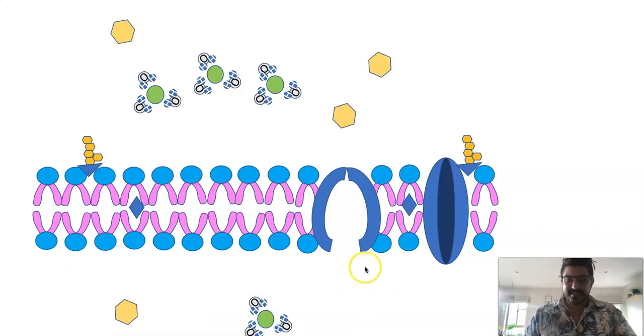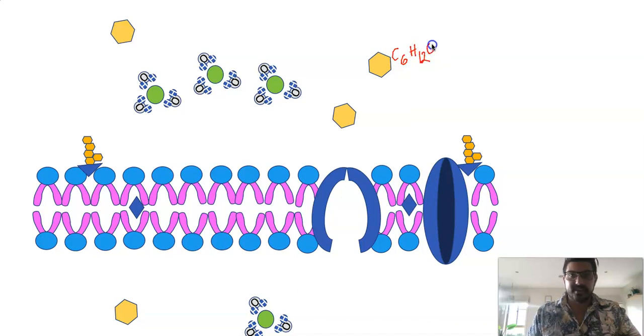All right. So what happens when we have molecules that are not as simple? So here we have some glucose molecules. They're quite large. They're 6 carbons, 12 hydrogens, and 6 oxygens.